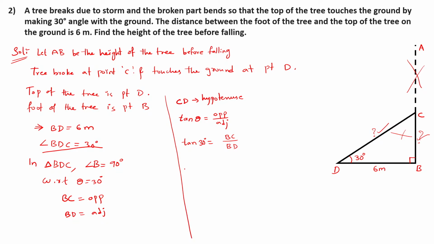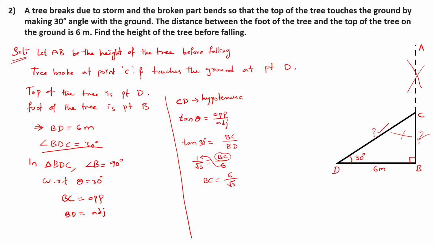Tan 30 degrees from the table is 1 by root 3, equal to BC, value we don't know actually, so put it as BC. BD value is 6. All right, now transpose this, it becomes multiplication to 1 in the numerator. So BC is equal to 6 by root 3.